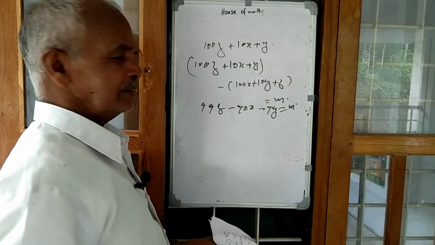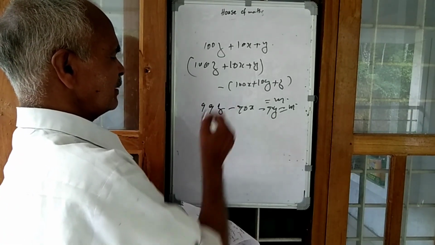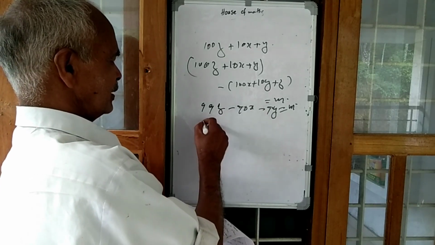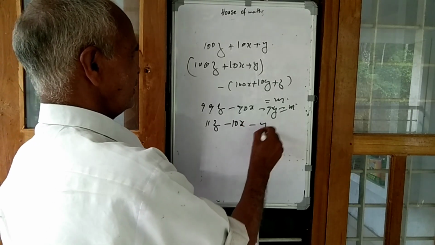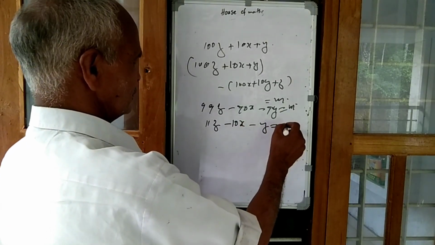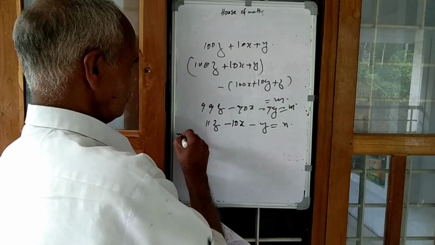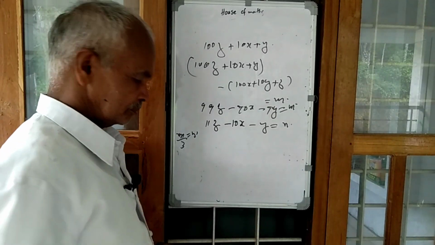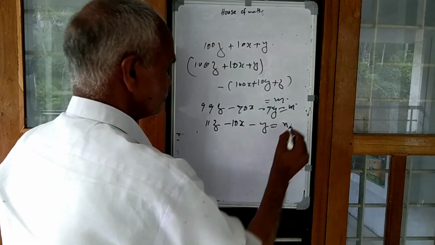This is a condition, that their difference is always divisible by 9. Therefore, 11z minus 10x minus y equal to n, where m by 9 equal to n. Equation number 2.